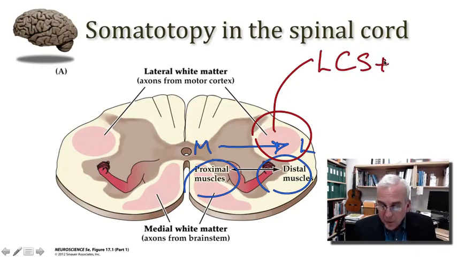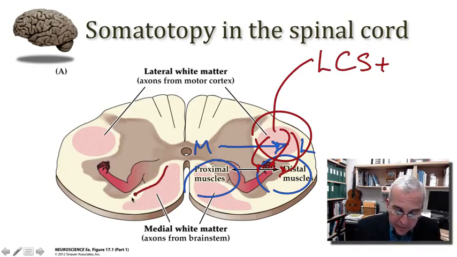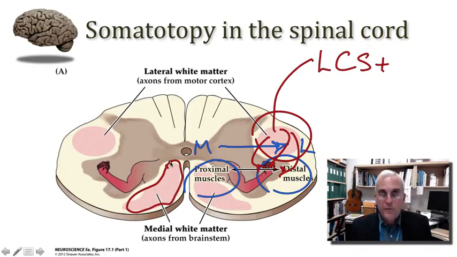And this is mainly going to provide axons that are concerned with governing the control of these distal extremity muscles. So this huge input from motor cortex to spinal cord is primarily directed at the lateral part of the ventral horn.